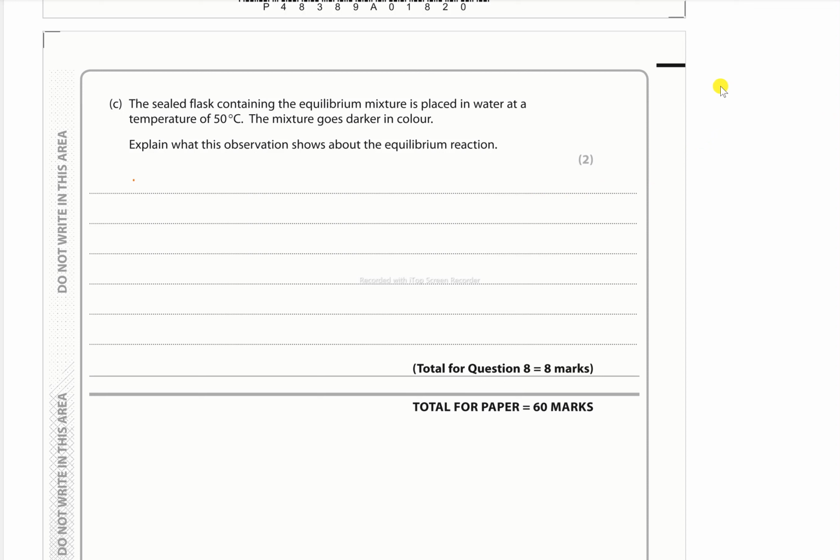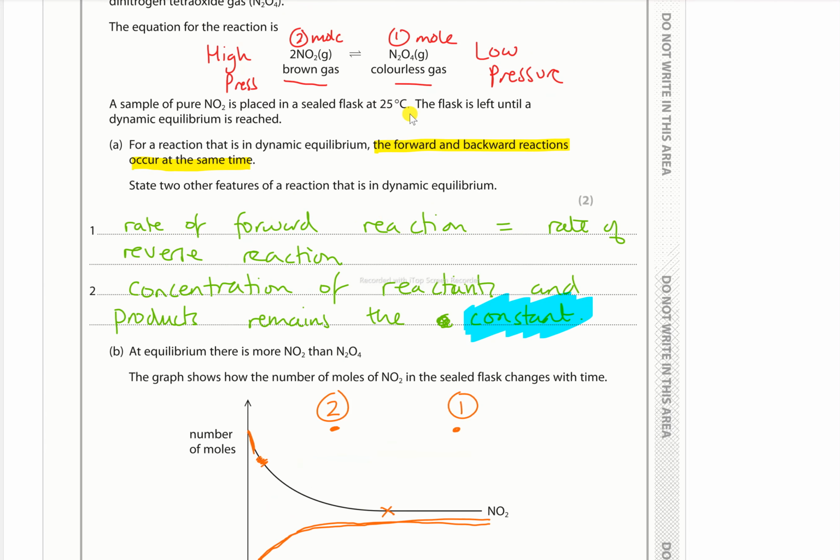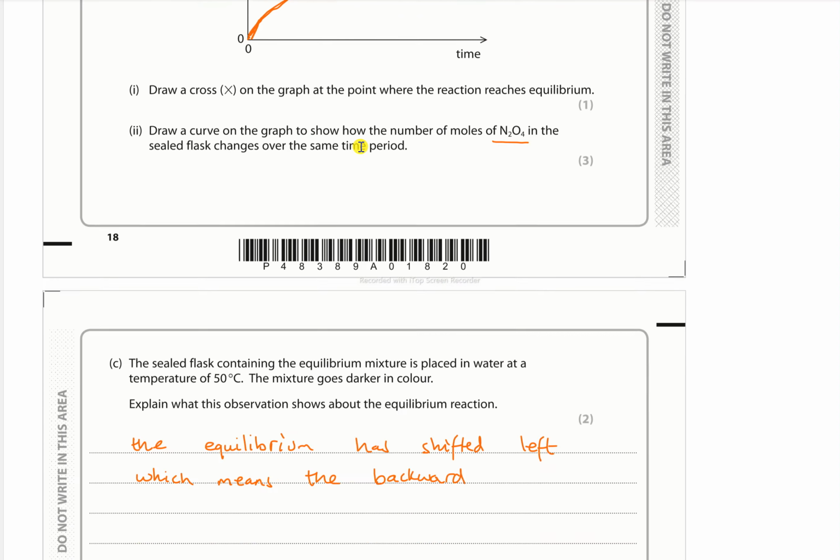Right, so first of all we write the equilibrium has shifted left, which means the backward... because what happened was it was at 25 degrees.